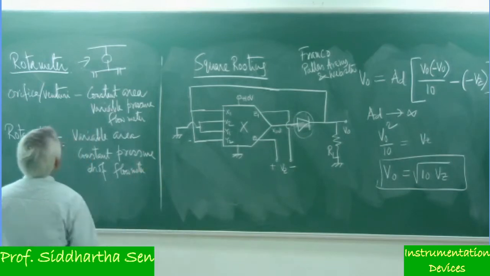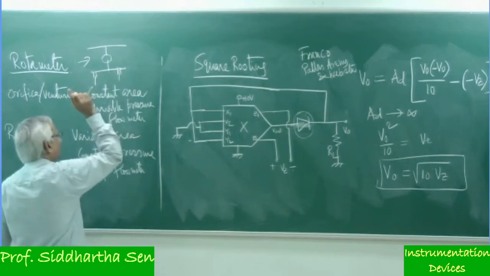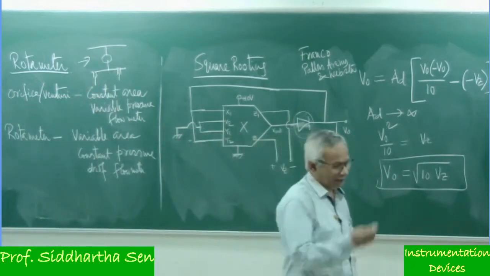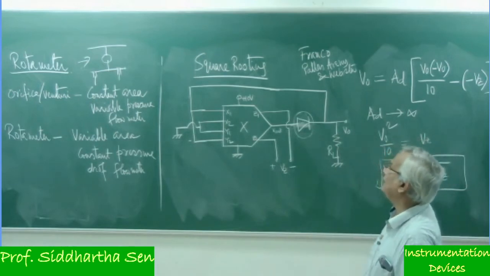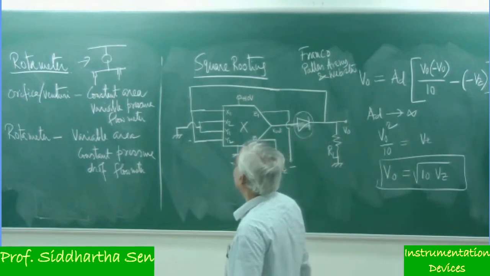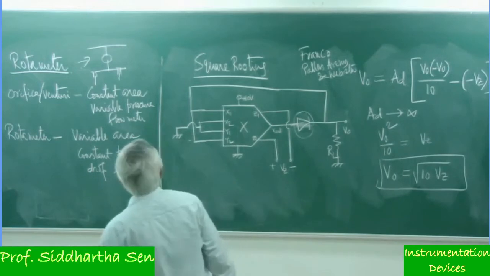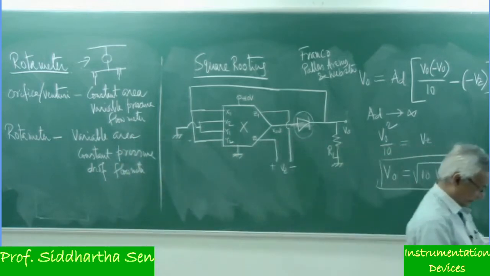So we try to maintain P1 minus P2 constant, and on the other hand we vary the orifice area or the flow area. That is how we do it. So you can say both of them are obstruction type flow meters, but this is the difference.